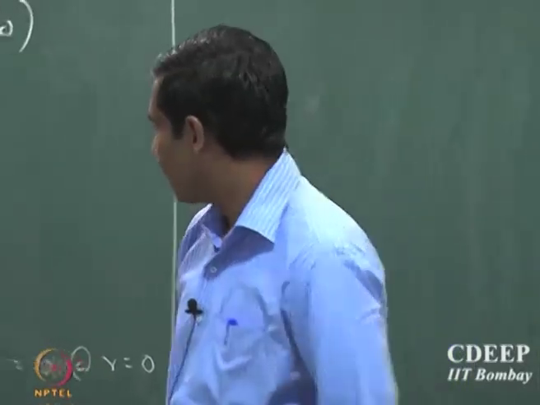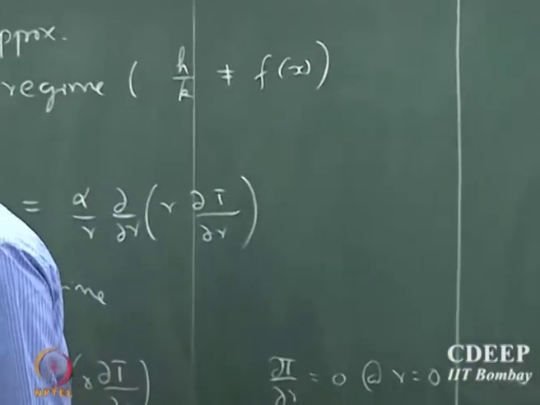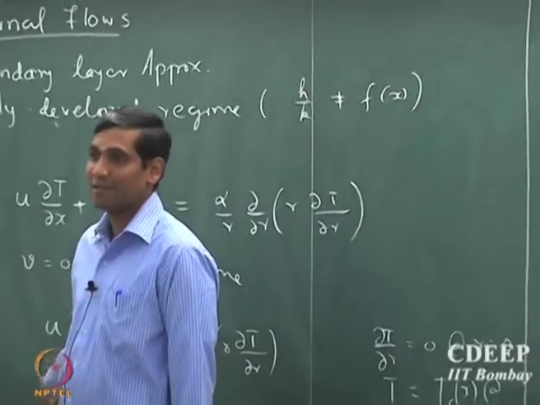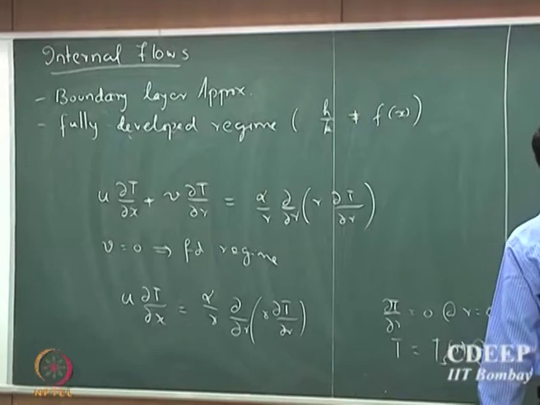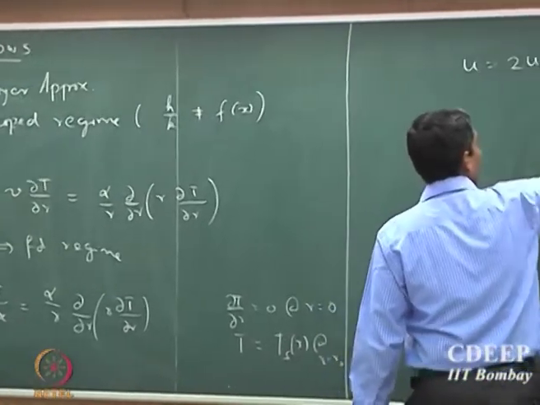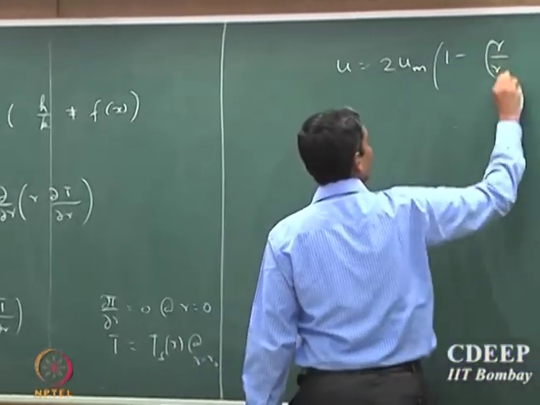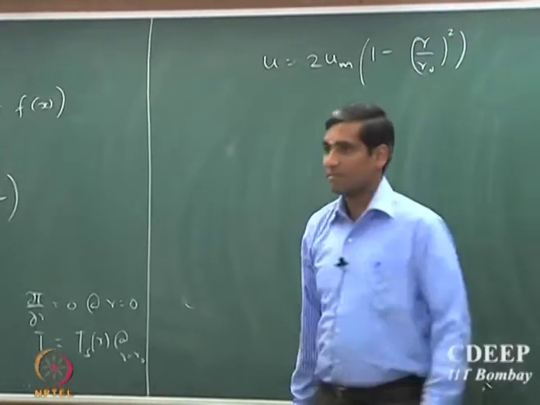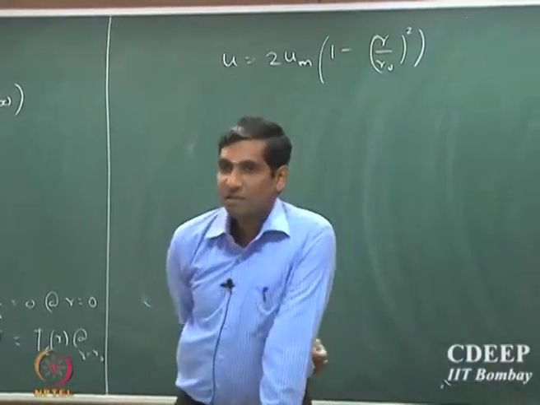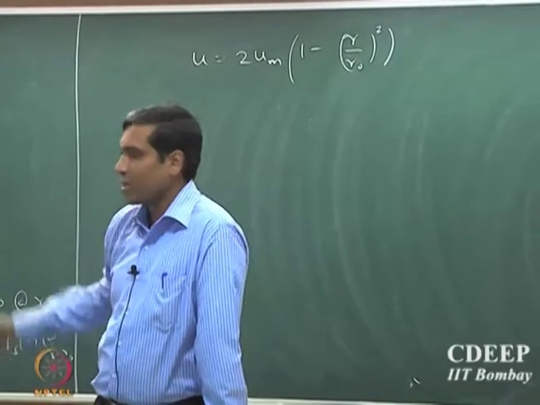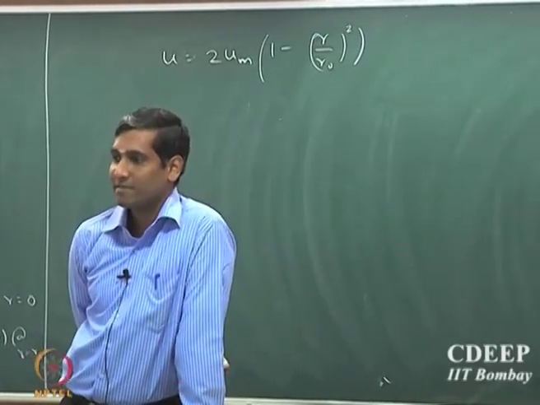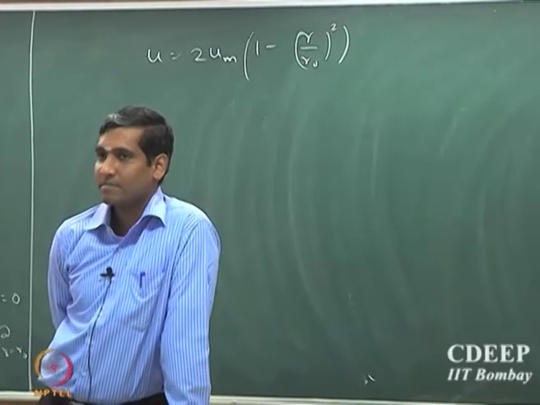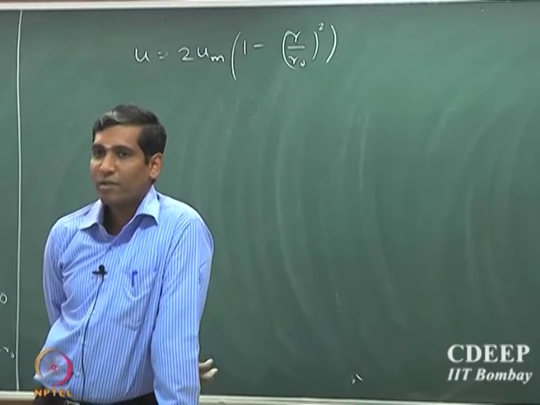Note that u is now a function of the radial position. U is 2 um into 1 minus r by r naught the whole square. So simple separation of variables will not work. How do we solve this?